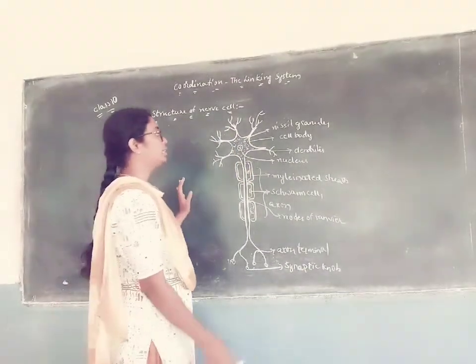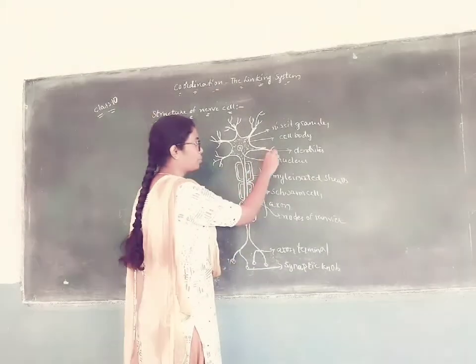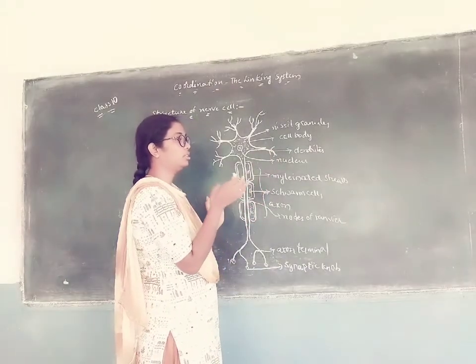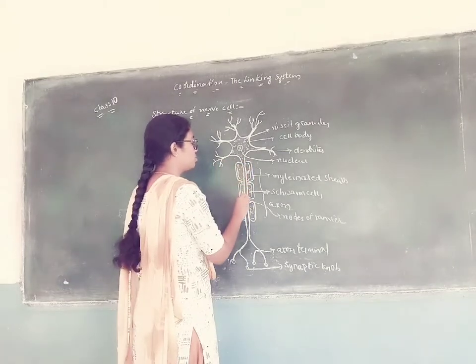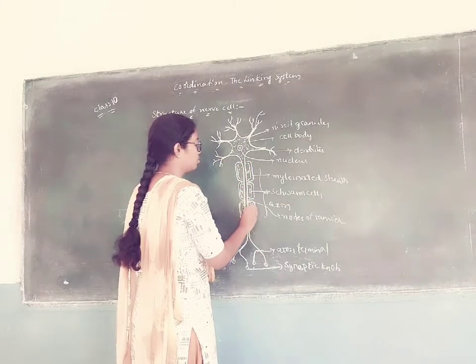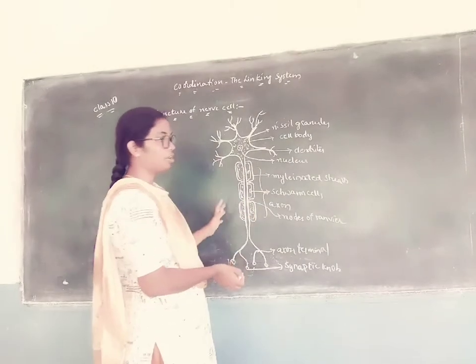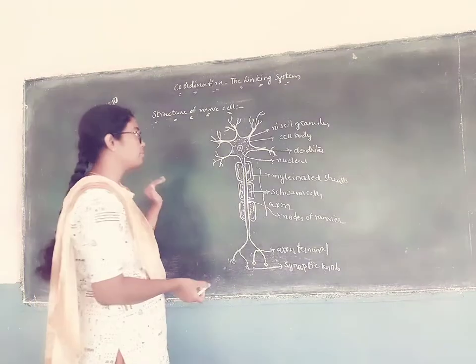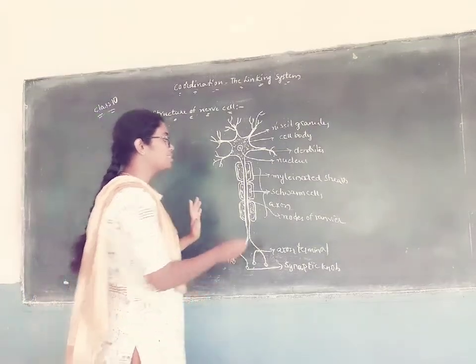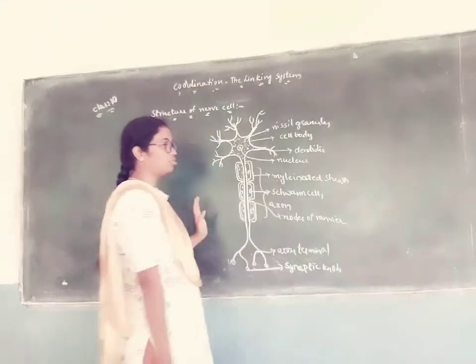The nerve cell body contains hair-like projections, and they are known as dendrites, and this cell body also elongates and forms the axon. Some nerve cells do not contain this myelinated sheath.